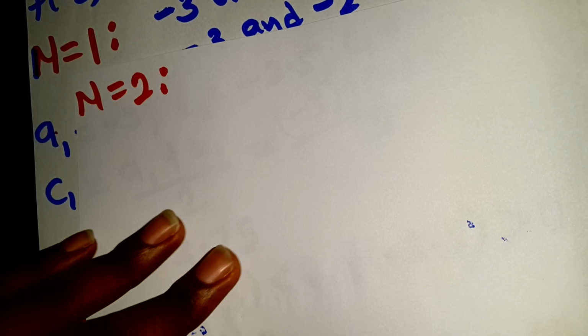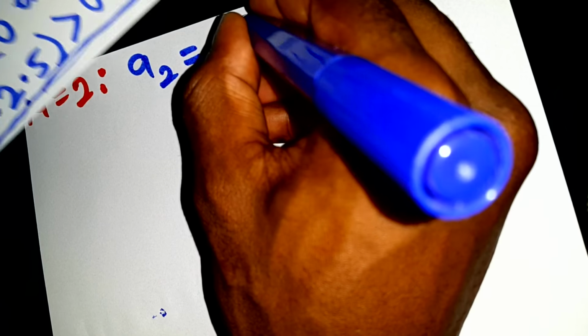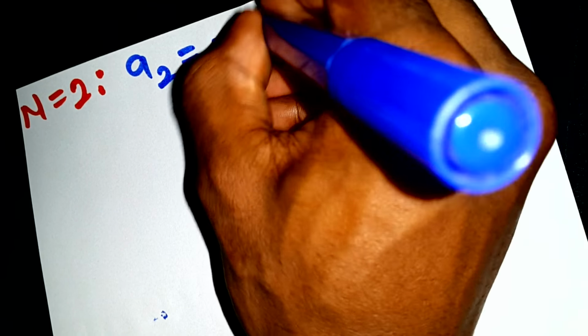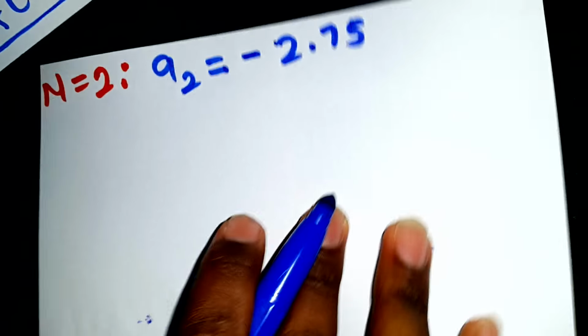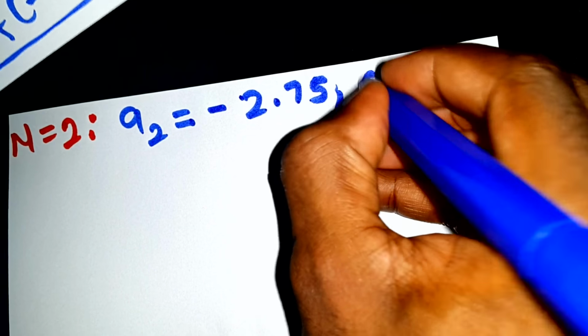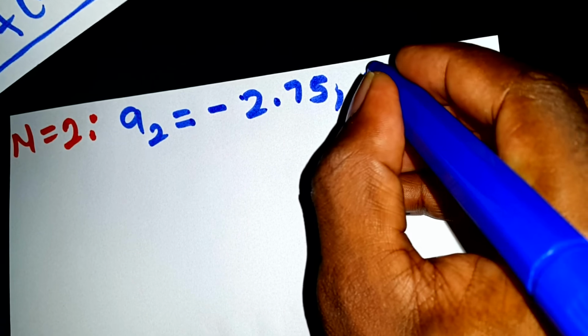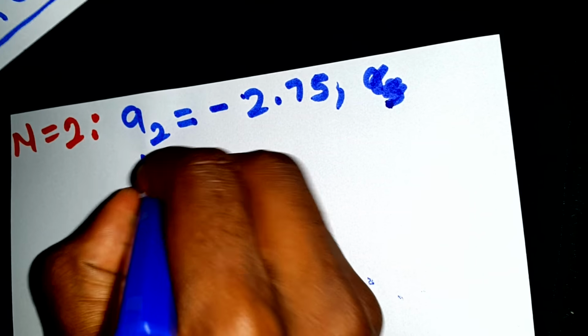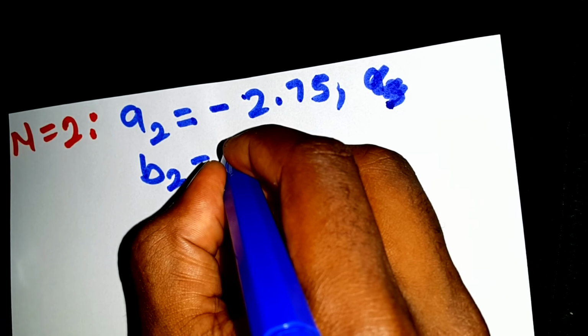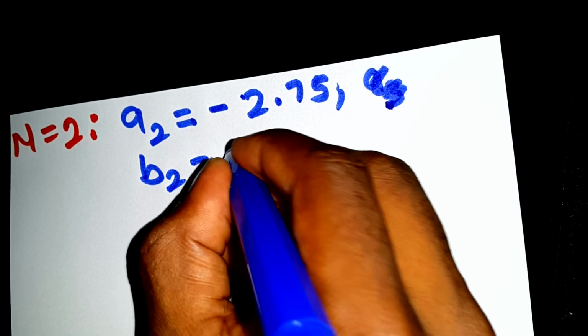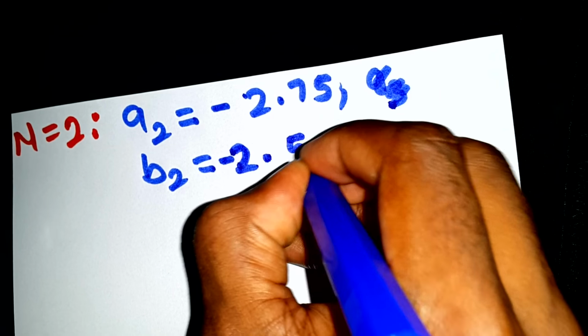So A2 will be minus 2.75 and B2 will be minus 2.5.